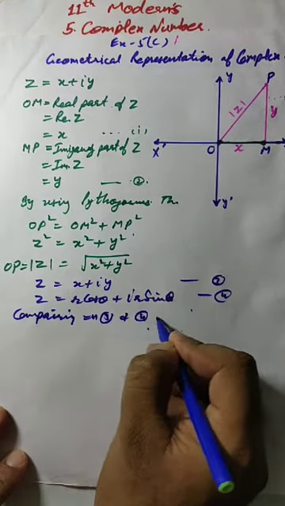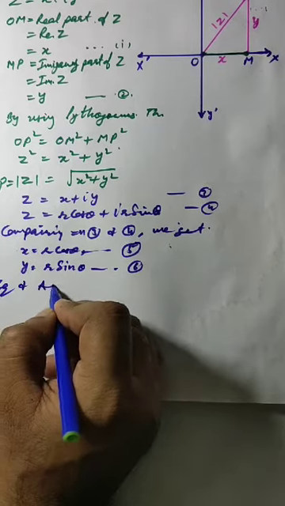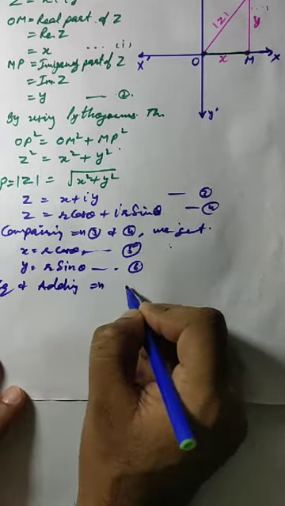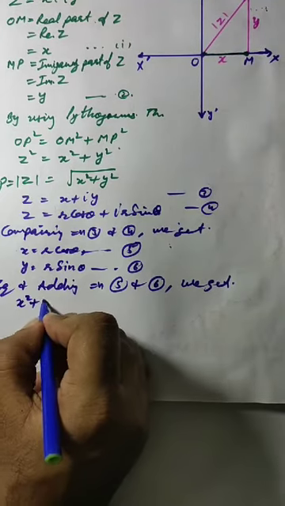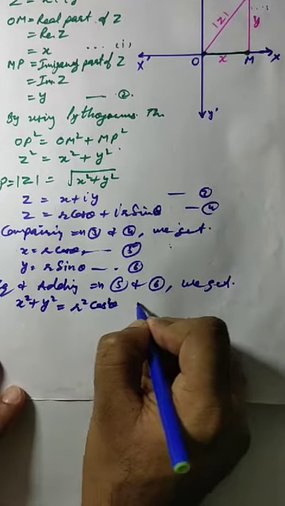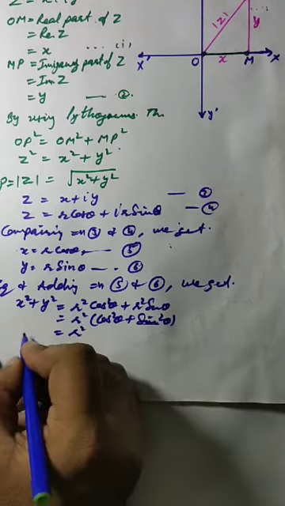Now squaring and adding equations 5 and 6, we get x square plus y square is equal to r square cos square theta plus r square sin square theta. This will give us r square times cos square theta plus sin square theta. This is equal to 1 by the identity.